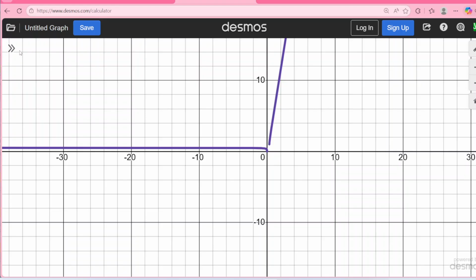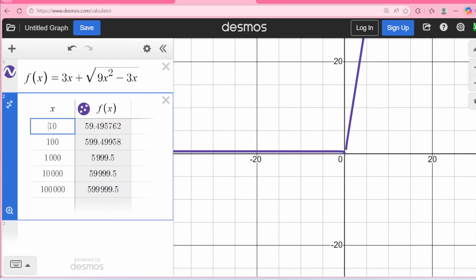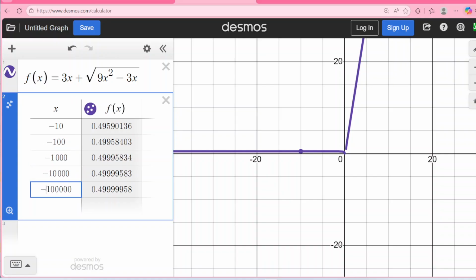And if we look at our table, make all these negative: negative 10, negative 100, negative 1,000, negative 10,000, negative 100,000. Look at these outputs: 0.49, 0.499, 0.4999. It looks as though the limit is a half, 0.5. It's getting as close to 0.5 as you want.